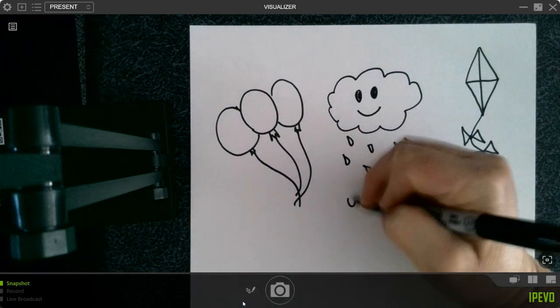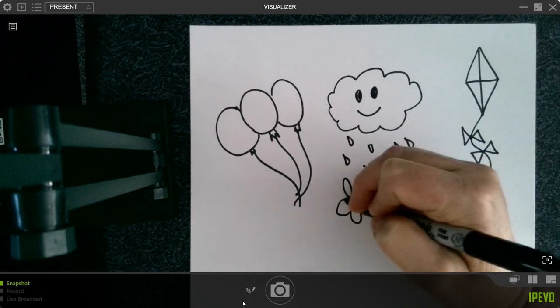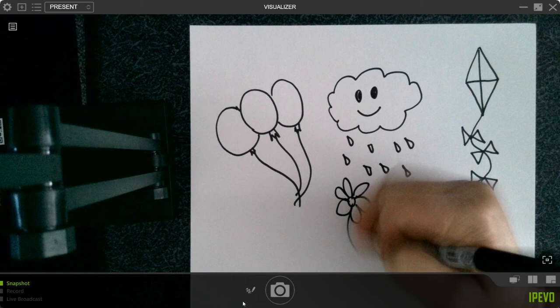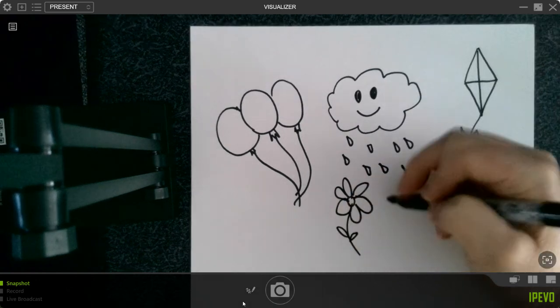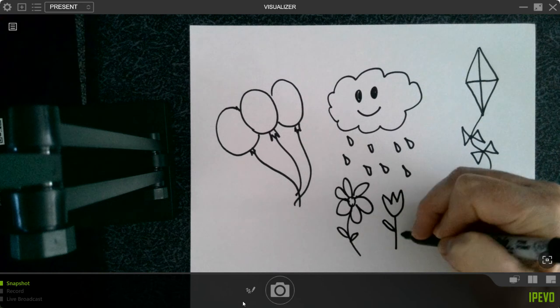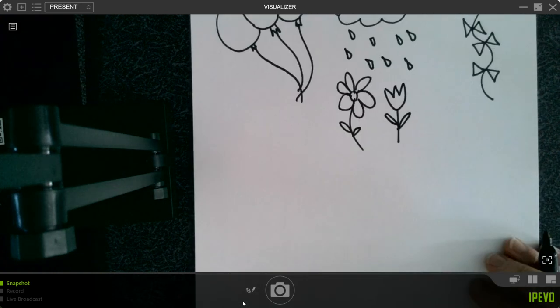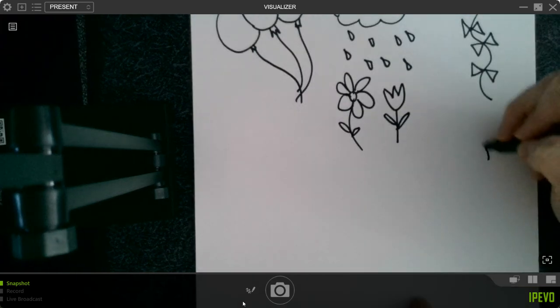And next I'm going to draw flowers. Now I'm going to draw a paw print.